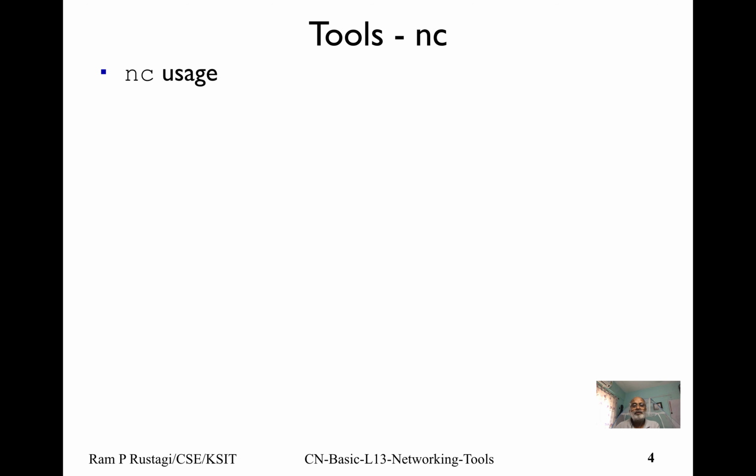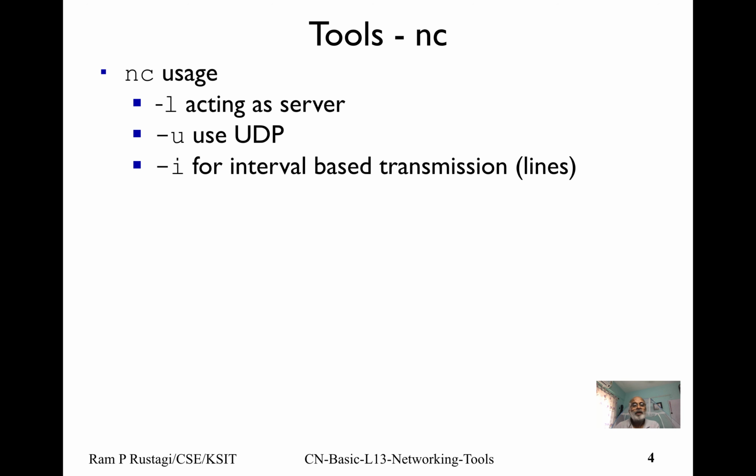So how do we use NC? If I want to run it as a server, I would use the option -l. If I don't use the option -l, it becomes a client. If I want to use UDP, I need to use option -u. If I don't use option -u, it becomes TCP. In the same way, if I would like to put some delay in my transmission of packets, we can specify the delay with option -i.